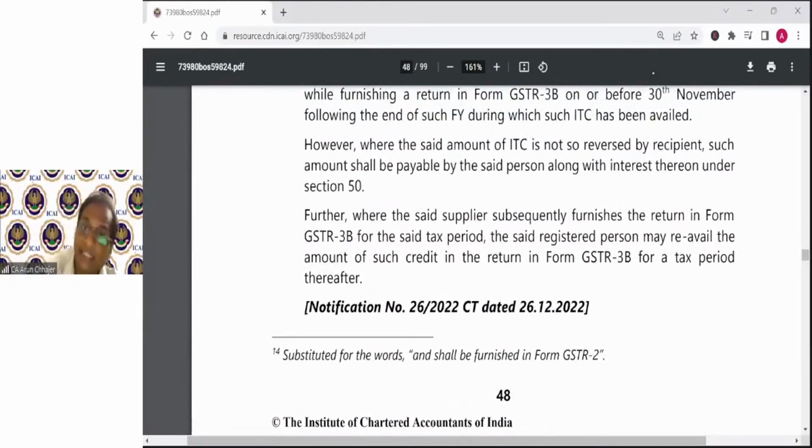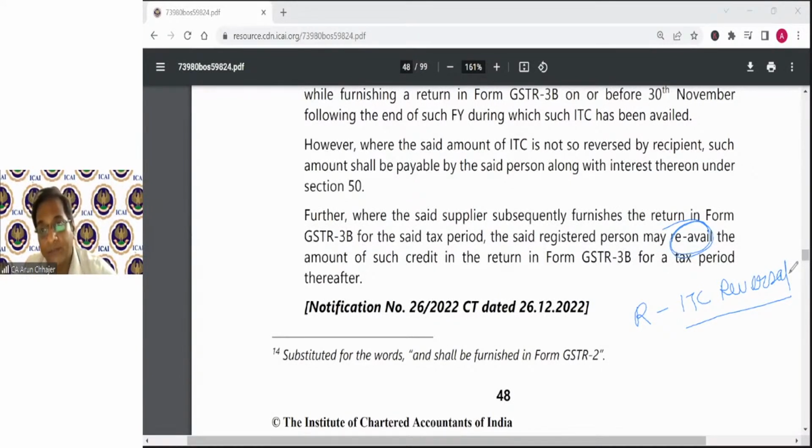And this ITC which is being reversed can be availed again, can be re-availed at any time in the future when the supplier pays the taxes to the government. This point is exactly similar to what we have discussed in rule 37.